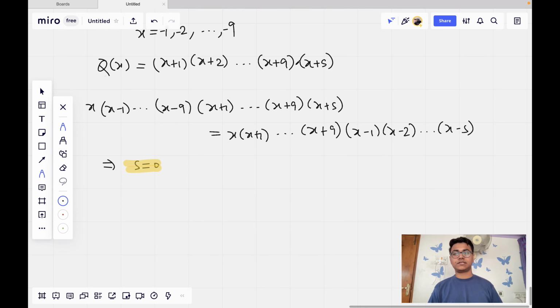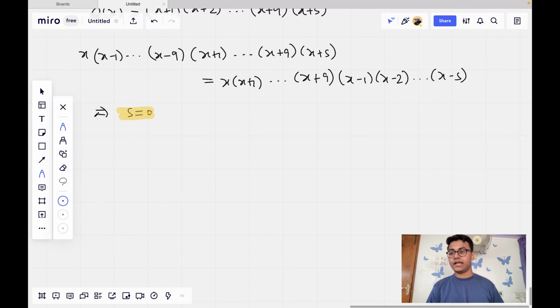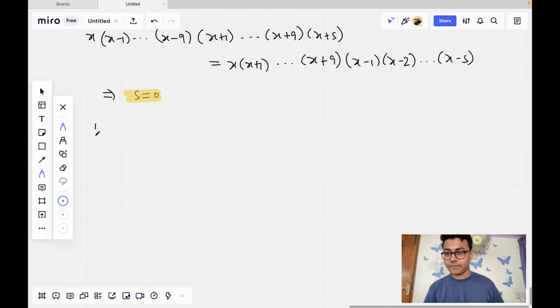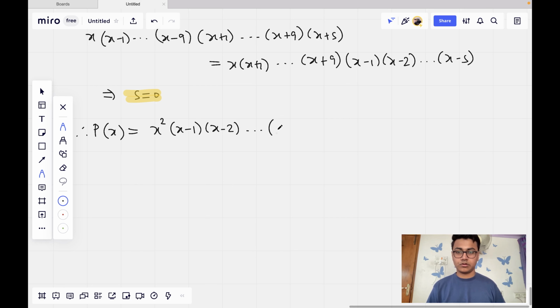So q of x is just x times x plus 1, x plus 2, x plus 3 all the way till x plus 9, and the polynomial p of x is x squared times x minus 1, x minus 2 all the way till x minus 9, again x plus 1 all the way till x plus 9.